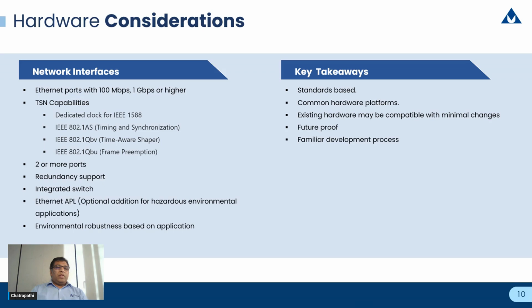And if you are developing a controller for any specific hazardous environmental applications, then you should consider having an Ethernet APL interface. So Ethernet APL is advanced physical layer, which is meant for hazardous environment applications. It works on a 2-wire based interface, supports 10 Mbps.